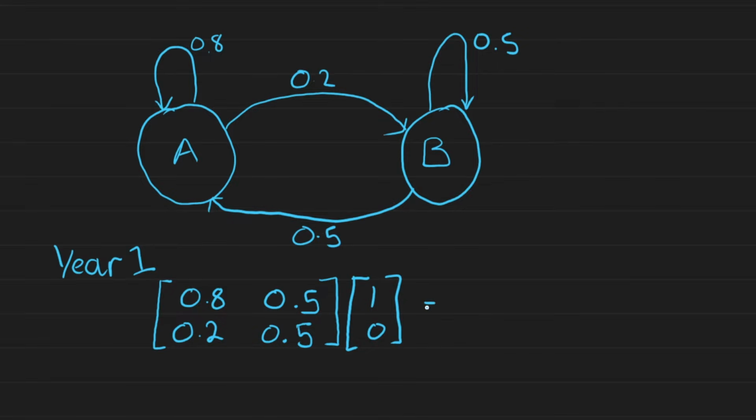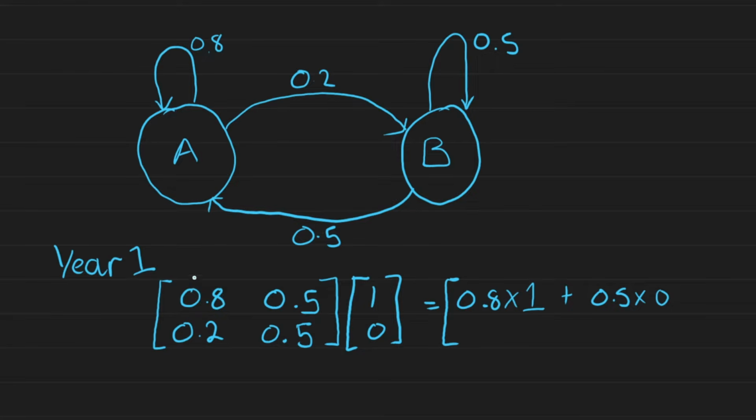If we multiply this out, at the end of year 1 we have 80% of the people in region A plus the proportion of people moving to region A from region B. So it's going to be 0.8 times 1 plus 0.5 times 0. This 1, 0 represents the proportion of people currently in region A and currently in region B. Our starting point is that everyone is in region A and no one is in region B.